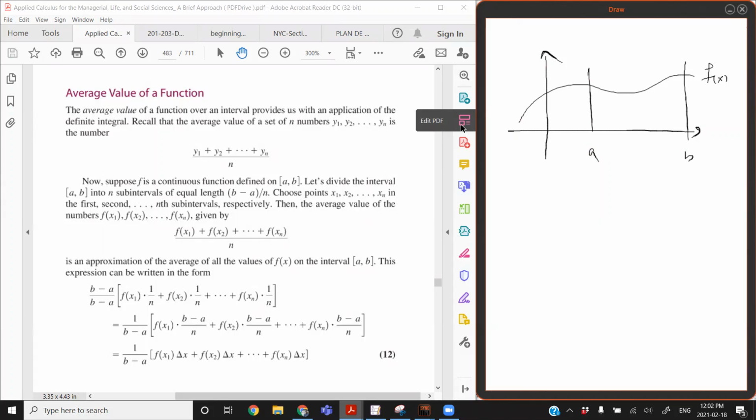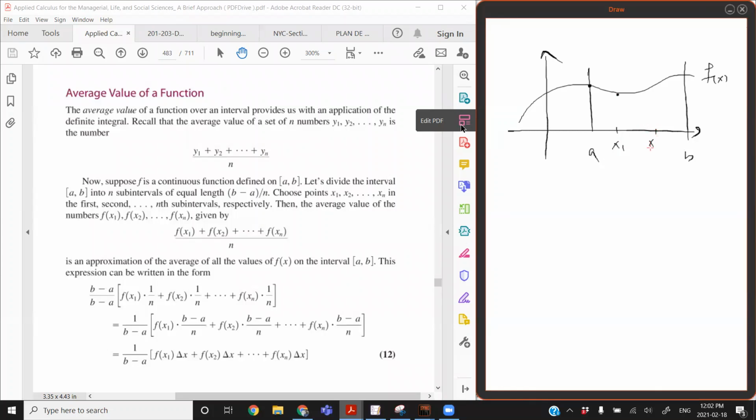Now, this function assumes different values depending on what x is. So, for example, if x is a, the value of the function is going to be f of a. If, let's say, it is x1 here, then the value of the function is going to be f of x1.